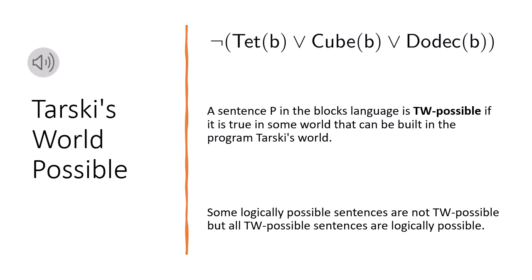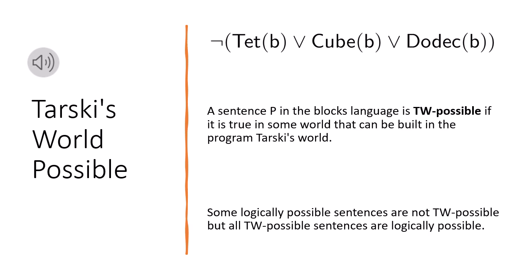On the other hand, thinking of possible logical circumstances, perhaps we expand our world to include shapes other than tetrahedrons, cubes, and dodecahedrons. For example, we might have a second program, something slightly different, that allows for tetrahedrons, cubes, dodecahedrons, and maybe spheres.